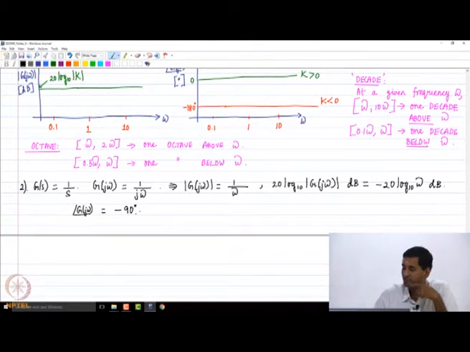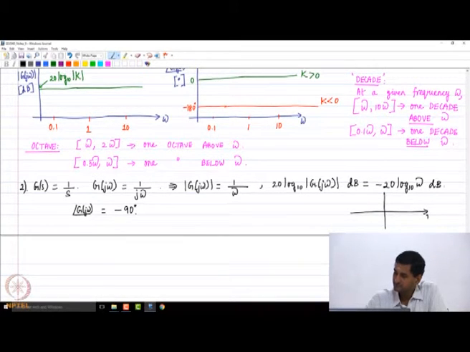Because if you go to the complex plane, 1 is going to be here, so the vector 1 makes an angle of 0 degrees with the positive axis. Where is j omega? J omega is somewhere here, so this phase is 90 degrees. So the net phase is 0 minus 90, so we get minus 90 degrees, that is the phase contribution of 1 by j omega.